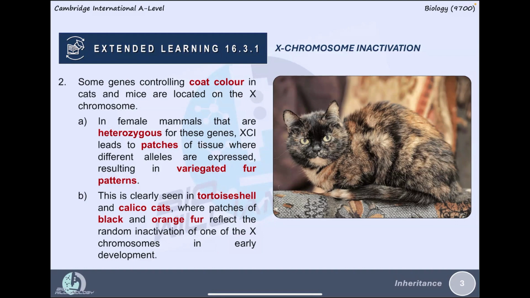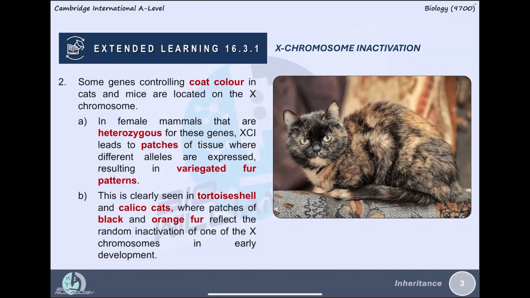The original one has now inactivated the black color allele. Therefore, only the orange color allele is expressed. So the descendants of these cells all express the orange color allele located on the active X chromosome.